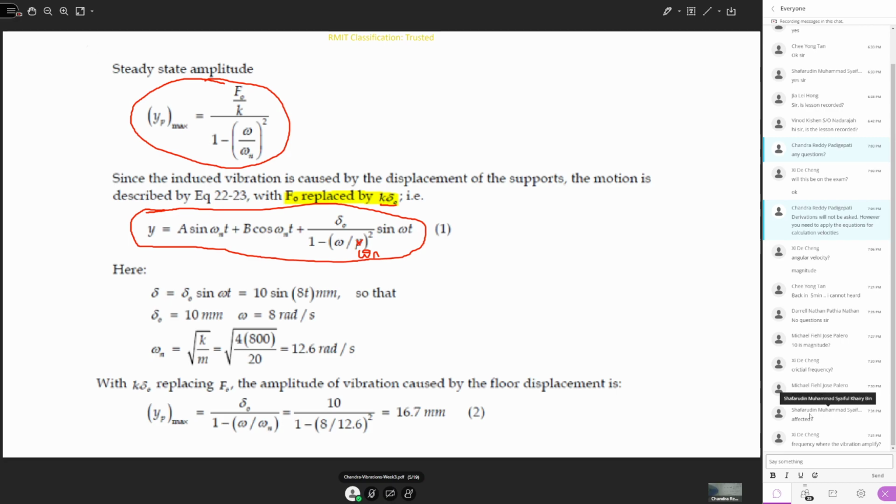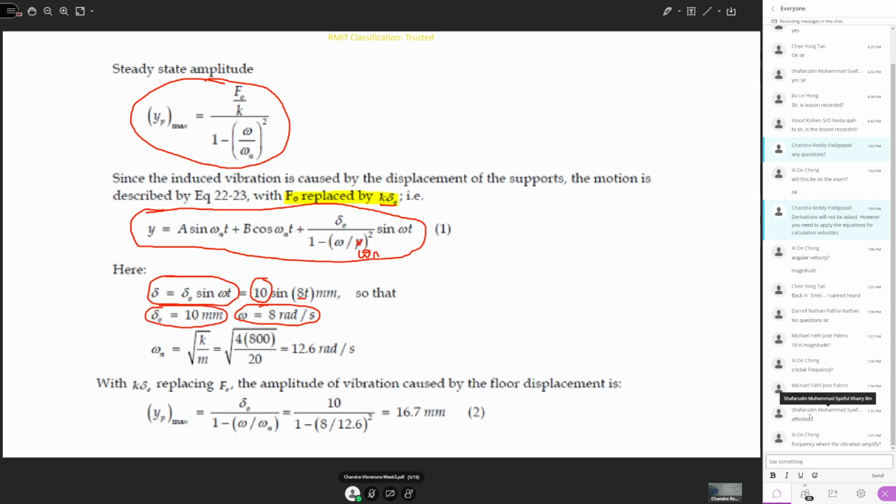Delta is delta naught into sine omega t, where delta naught is 10. Sine omega t is sine 8t, so that means omega is equal to 8 radians per second. The magnitude of the displacement is 10 mm.